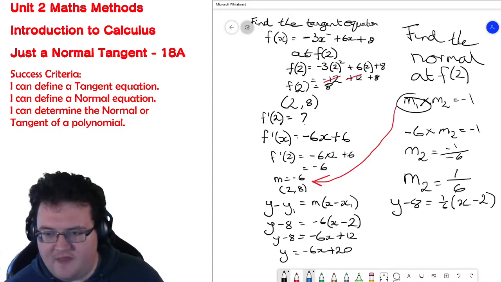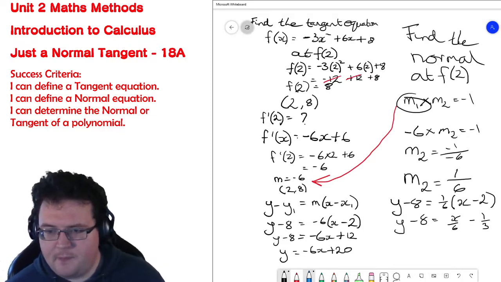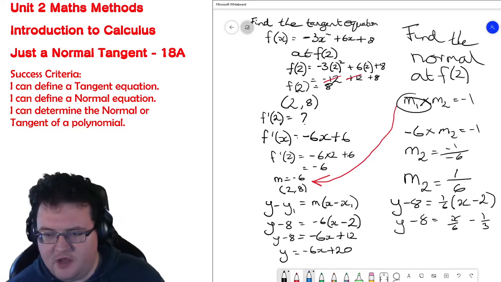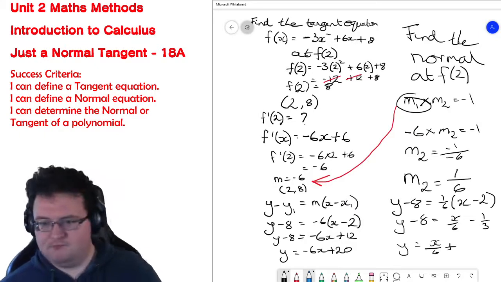You're going to expand that bracket out. y minus 8 equals x on 6 minus a third. And then you're going to add 8 to both sides. So y is going to equal x on 6 plus 7 2/3.